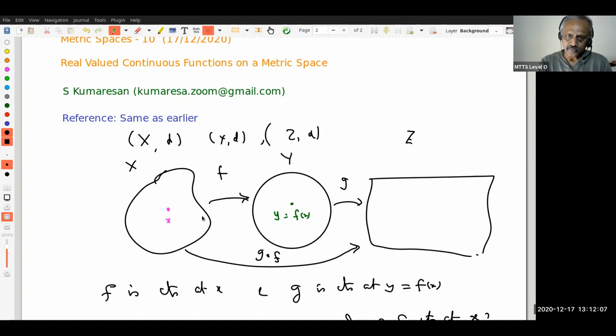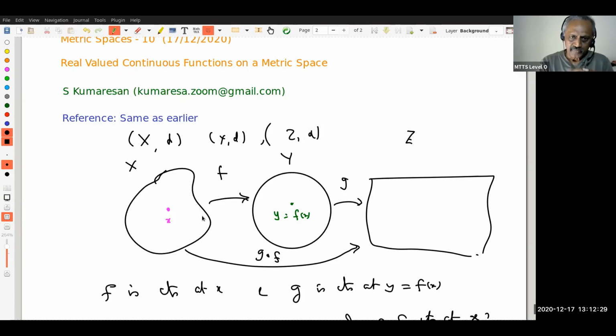You may know the properties of the component functions, and from that you may be able to conclude the property of the composite. It's like in a molecule, you break it into atoms, you understand how atoms work, so that you have some idea about the molecule.